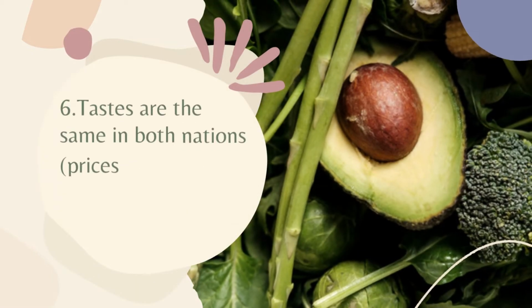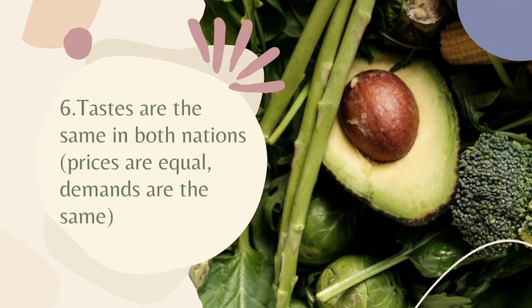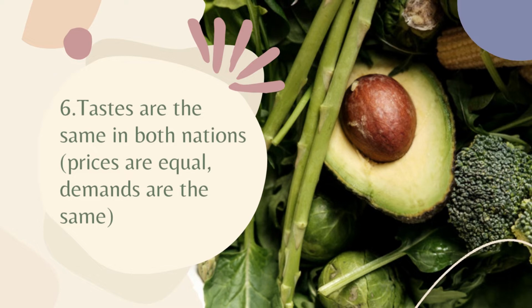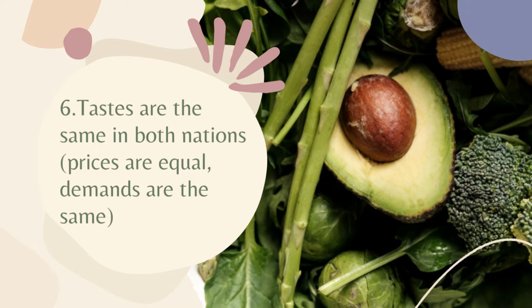Okay, we move to the next assumption, the sixth one, that tastes in both nations are the same, which means that the prices and everything else of the two commodities are the same. Surprisingly, because of different cultures and climates, you would normally think the tastes of individuals or customers in both nations are not the same.